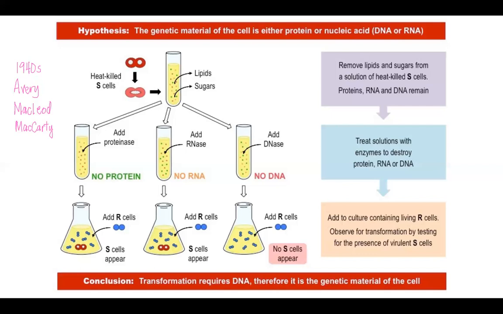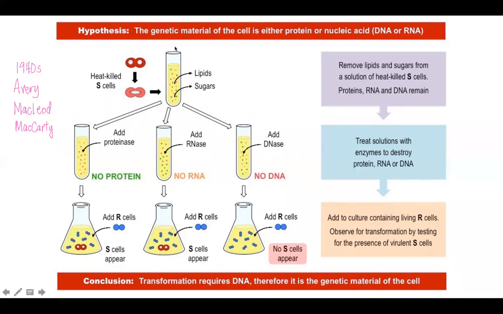And this is a very compelling evidence that DNA is the transforming principle observed by Frederick Griffith. So their conclusion was that DNA is the one carrying genetic information that transforms the non-virulent R strain to the virulent S strain.